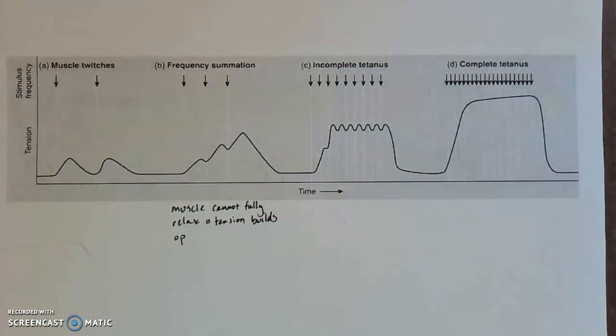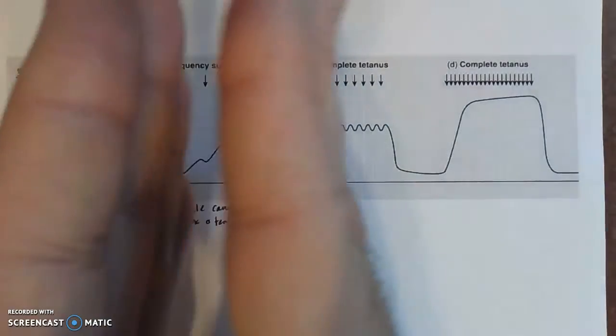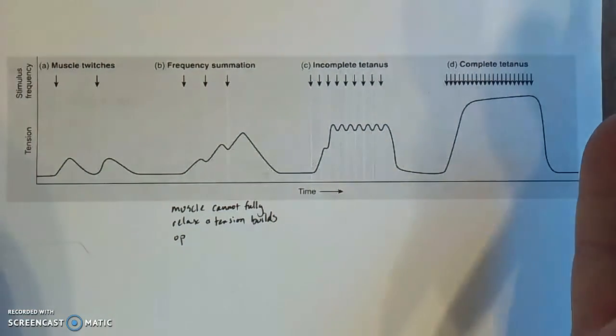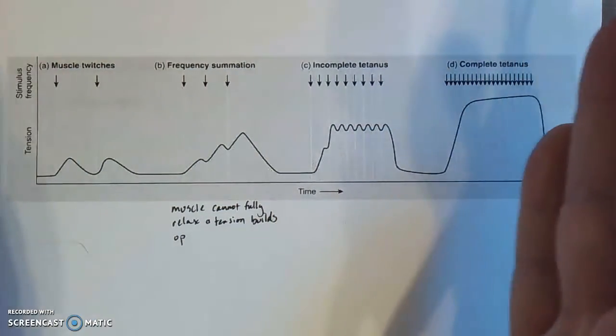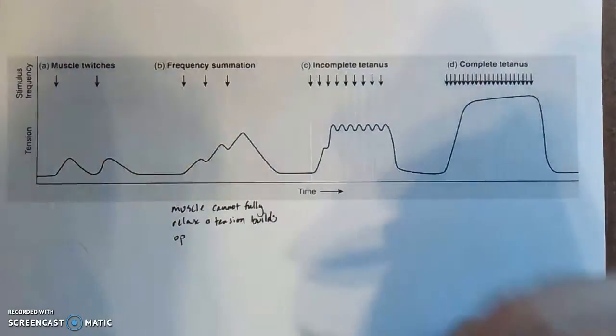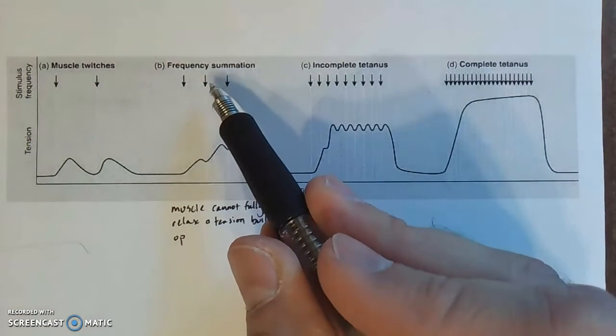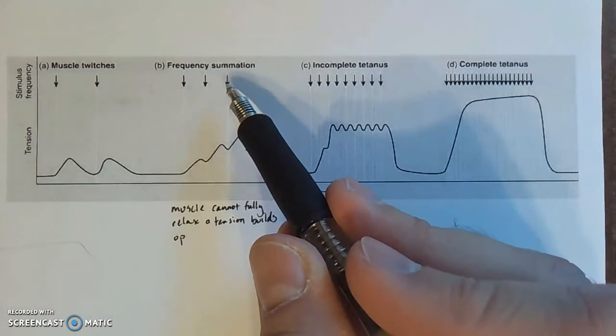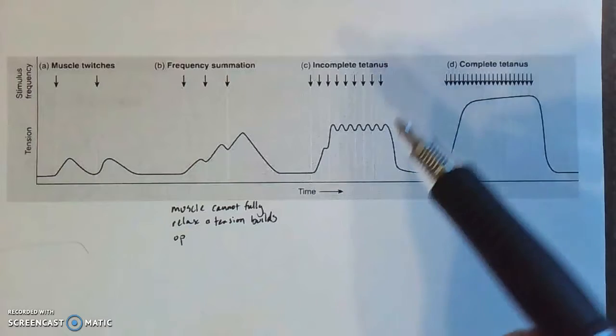So we can't relax all the cross bridges. Some of them are still attached. So we end up with the contraction occurring more. So the muscle sarcomeres cannot fully go back to the original position. They just start to overlap even more with each subsequent stimulation from an action potential.